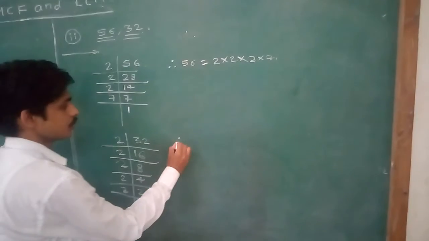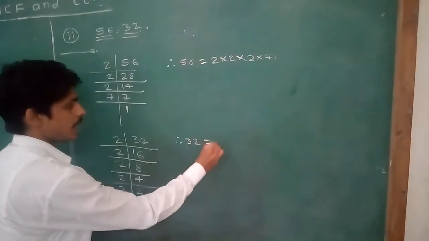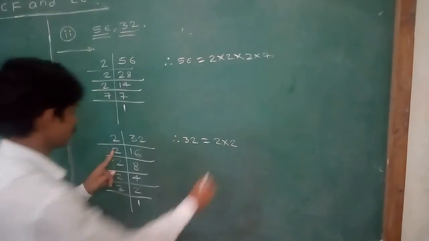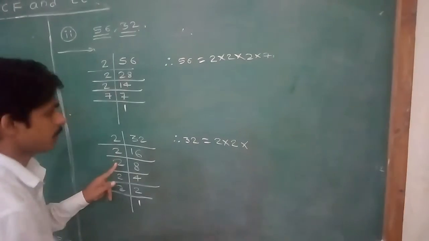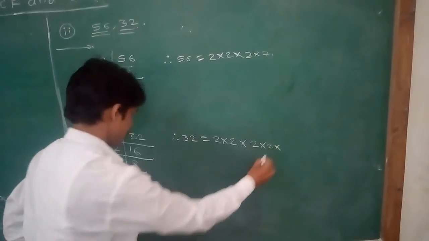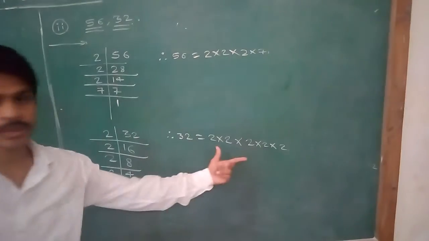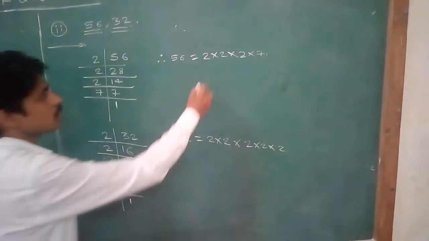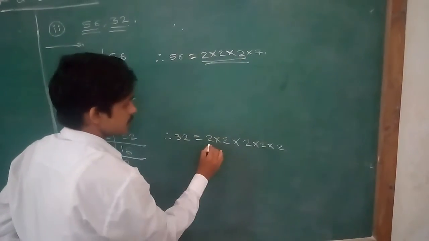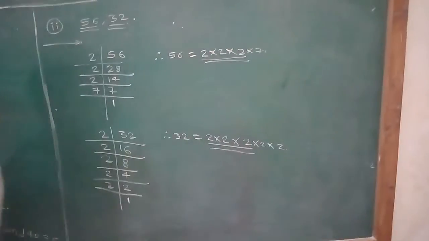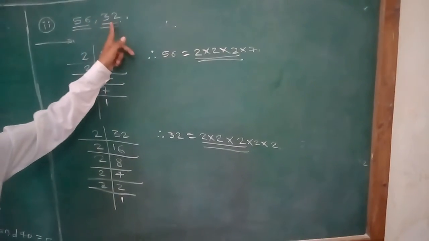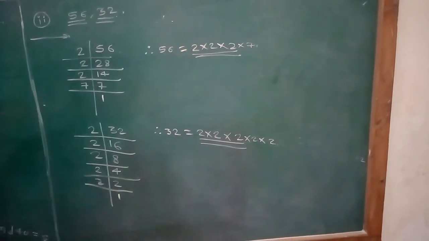Therefore 32 can be written in prime factorization as 2 multiplied by 2 multiplied by 2 multiplied by 2 multiplied by 2, that is 2 to the power 5. So 2 occurs in 56 three times, and here also three times.